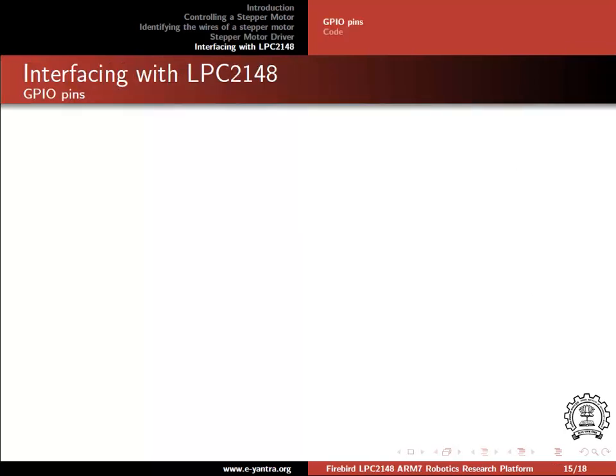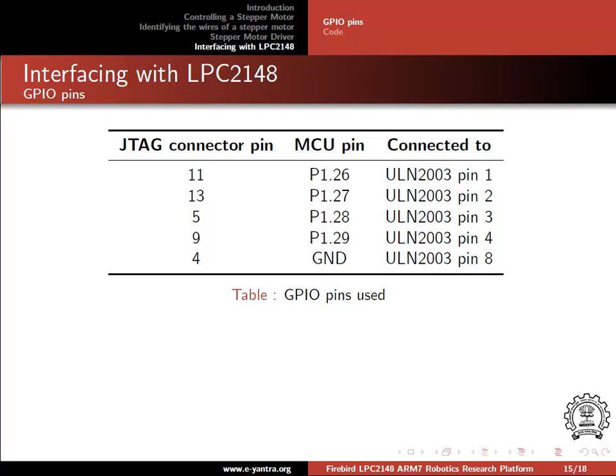We will now discuss how to interface the ARM7 based Firebird V robot with the stepper motor using this circuit. These are the Firebird V robot's JTAG connector pins, which we are going to use to connect to the driver circuit shown previously. Pin 11 on the JTAG connector, that is P1.26, is connected to the ULN2003 driver IC's pin number 1.